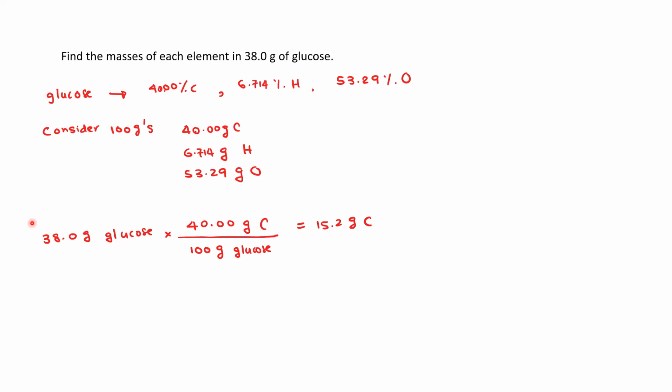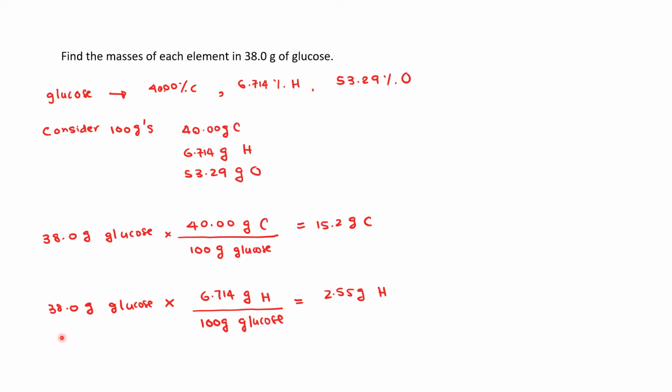So we are going to start with 38.0 grams of glucose, and 100 grams of glucose has 40 grams of carbon, and you see here this grams glucose cancels out to grams glucose, and here's your answer, and it has 15.2 grams of carbon.